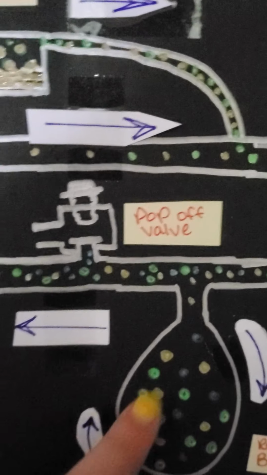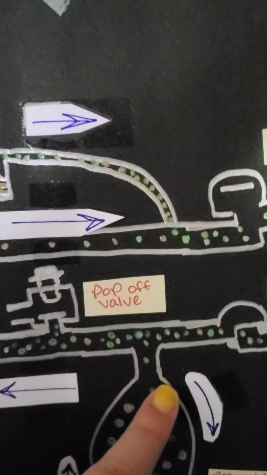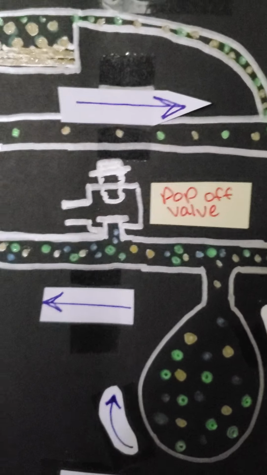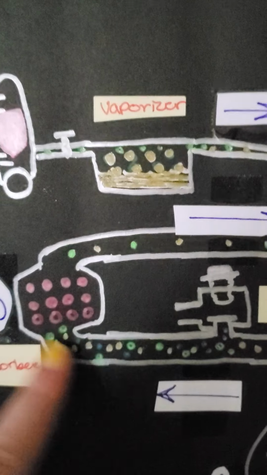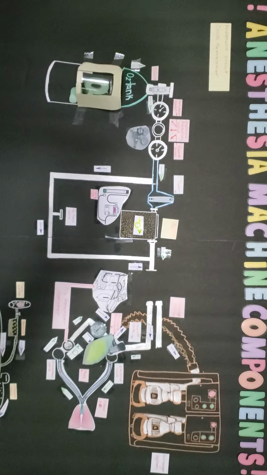It'll either go into the breathing bag, to the pop-off valve, or to the CO2 absorber. Then it'll come back, meet up with the fresh gas, and then back to the patient again. And that is a circle rebreather.